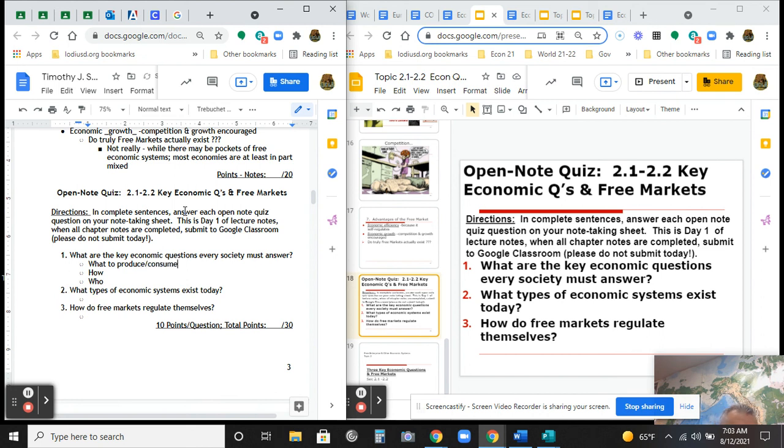Consume both, right? How to produce, consume. Like, how do we want to be environmentally responsible, or do we not want to be environmentally responsible? How do we want to treat our labor? Who to produce for? Who's our target consumer?